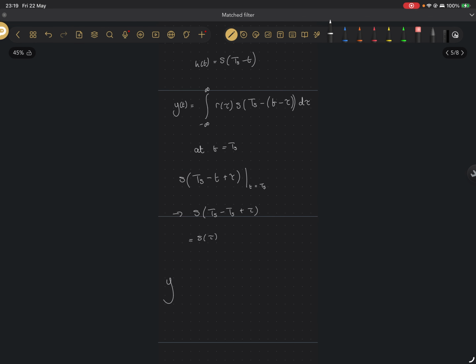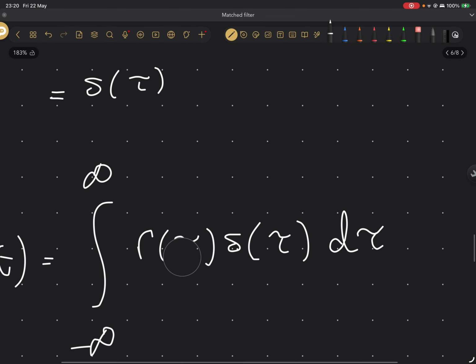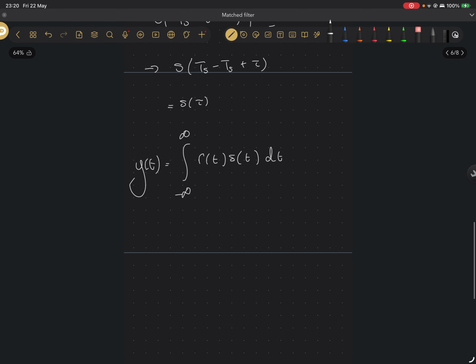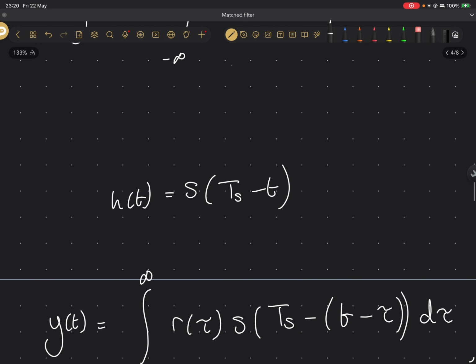So now, from our convolution function, we get the integral of r of tau s of tau d tau. Since there is no t involved, we can obviously change this to a t, makes no difference, because it's now the same thing. And you can see here that it's just correlation when we set the impulse from convolution to the time reversed and shifted signal.